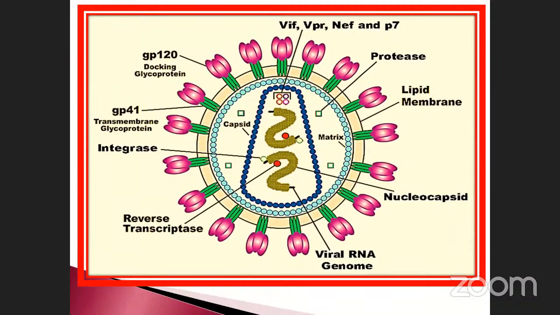Inside are protein molecules, protease enzymes and the matrix. The protein layer covers the internal molecules, particularly the nucleic acid, along with two enzymes: integrase and reverse transcriptase. Okay, go to the next one.